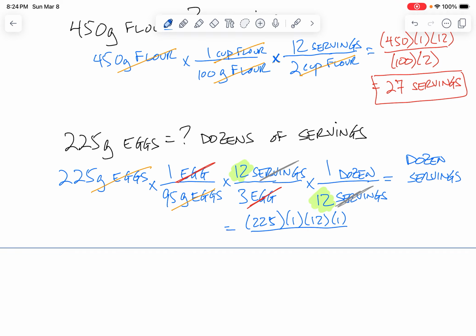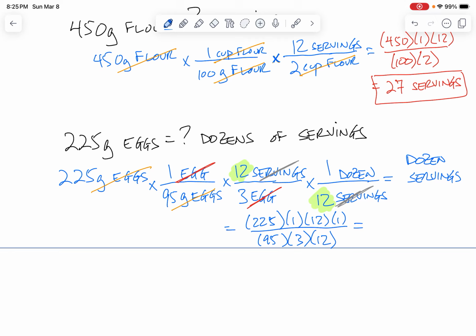That's the numerator. Denominator is 95, 3, and 12. And again, we can see we could cross out those 12s if we wanted to. But either way, we're just going to do our calculation.